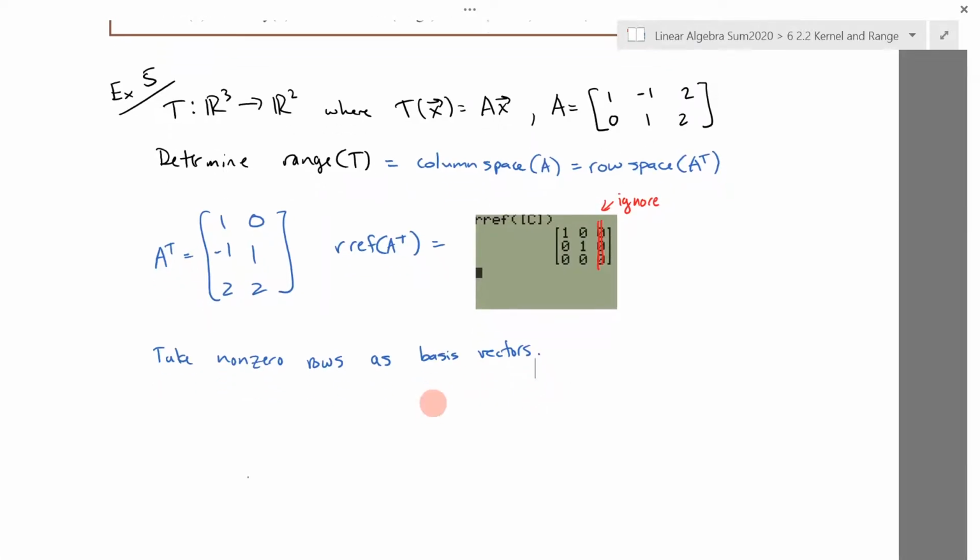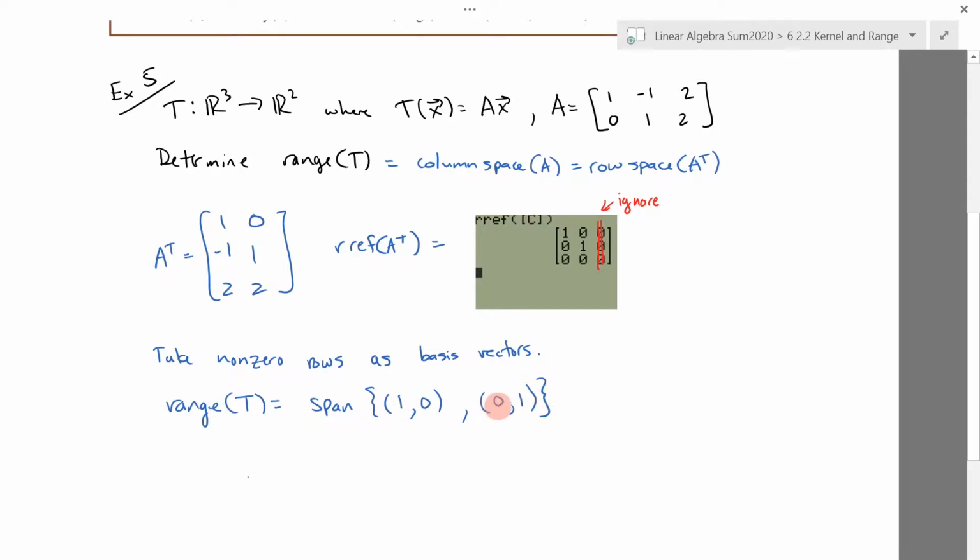So we get that the range of T is the span of the first row, 1, 0, and the second row, 0, 1.